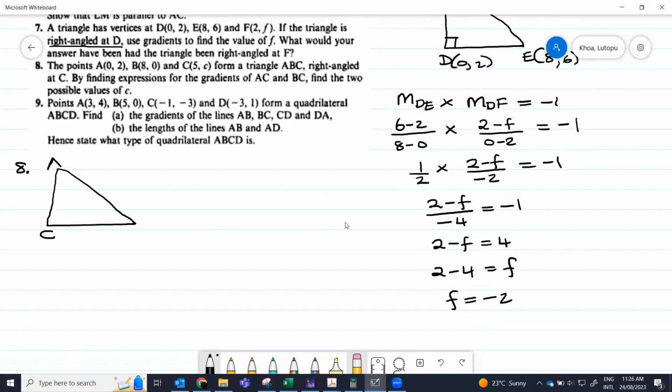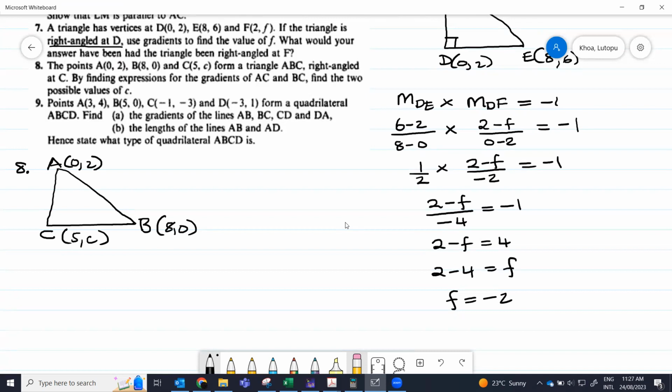The right angle is at C. Our coordinates are A is (0, 2), B is (8, 0), and C is (5, c). Then the question says, by finding expressions for the gradients of AC and BC, find the possible values of c.